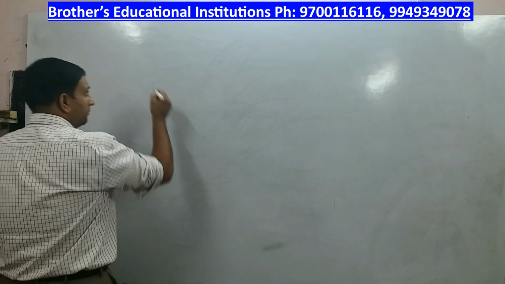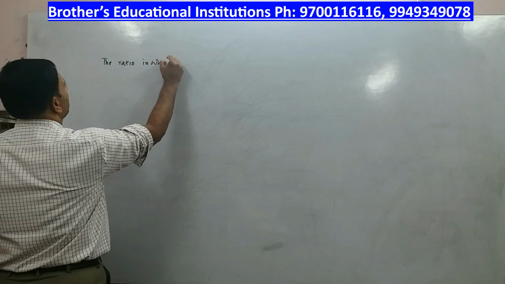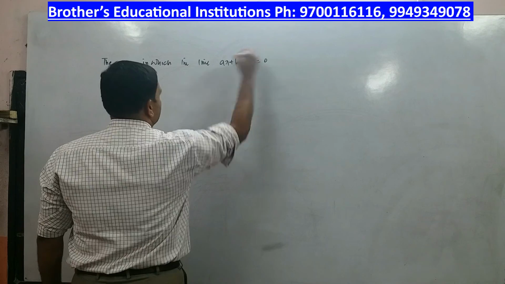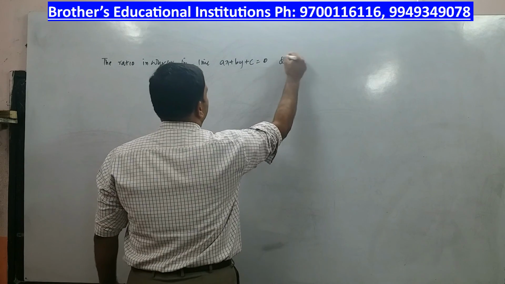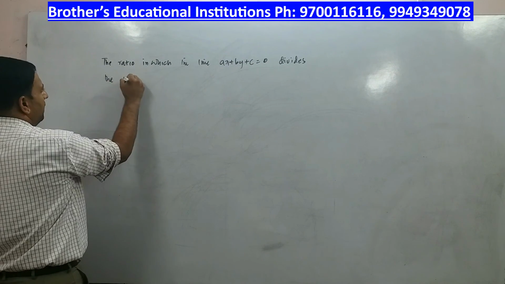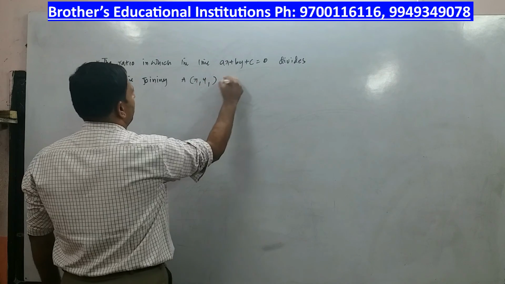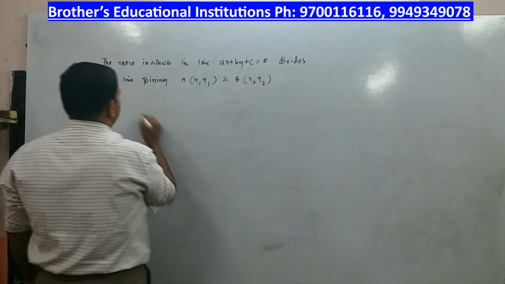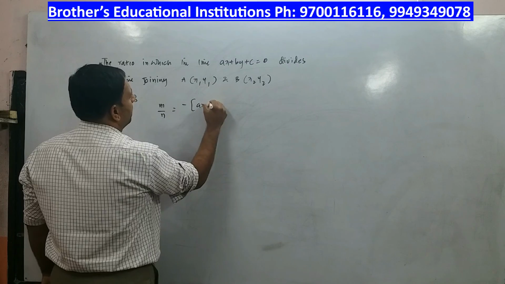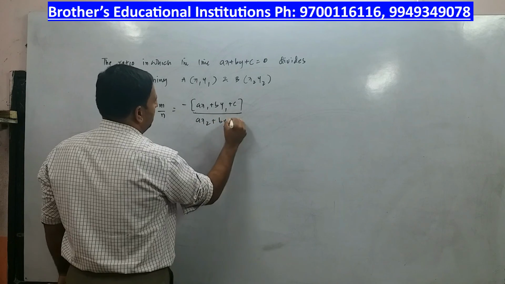See here, the ratio in which the line ax plus by plus c is equal to 0 divides the line joining A (x1, y1) and B (x2, y2) is m by n is equal to minus of (ax1 plus by1 plus c) by (ax2 plus by2 plus c).